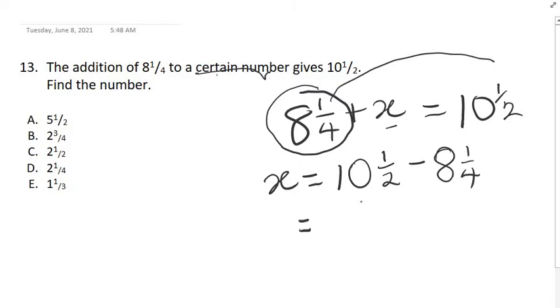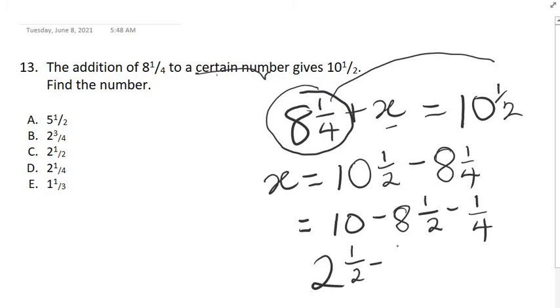To get X, bring out the whole numbers. 10 minus 8, both are the whole numbers. 1 over 2 minus 1 over 4. 10 minus 8 is 2. 1 over 2 minus 1 over 4. Okay, so the LCM of 2 and 4 is 4. We solved it in the previous example.